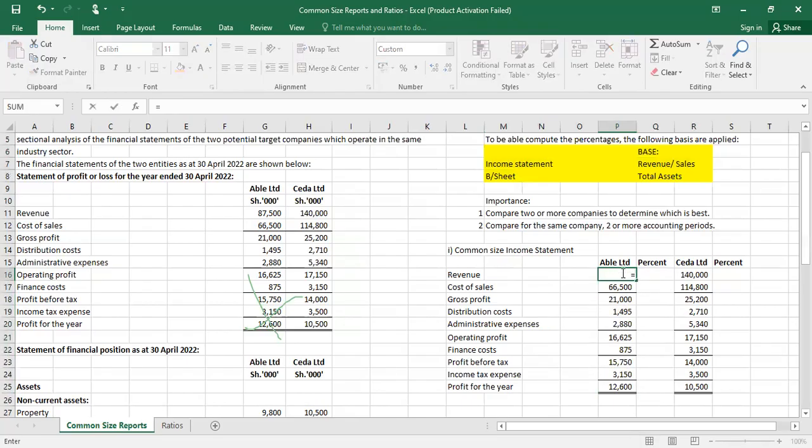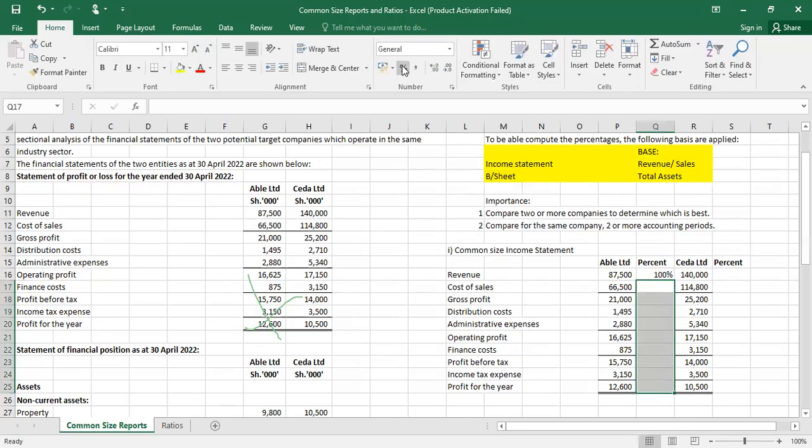If I start with the revenue itself, the percentage for it will be this 87.5 divided by the same 87.5. As a decimal, you get 1, but as a percentage, that's 100%.